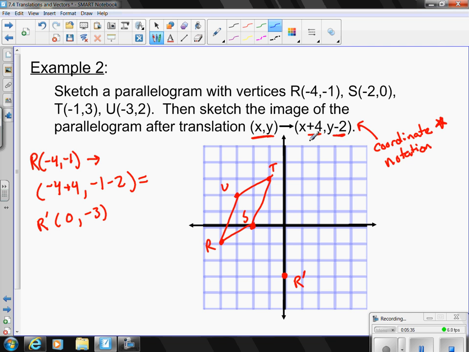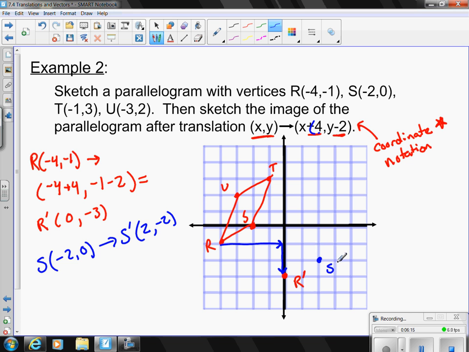And if you look at this, this might make sense. We're moving 4 in the x-coordinate direction, and we're moving 2 in the y-coordinate direction. So we're going right 4, down 2. And you can find that by adding 4. Then S, -2, 0, is going to get mapped to S prime, which is add 4 to -2, and subtract 2 from 0, 2, -2.